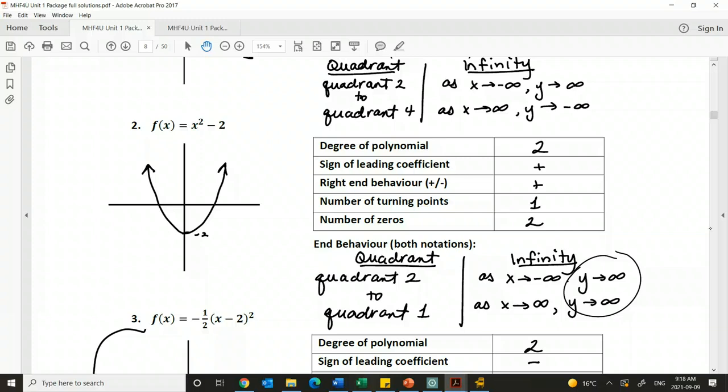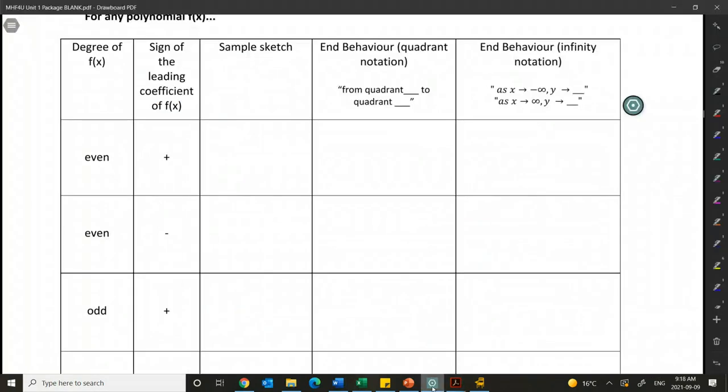So their ends are both facing up. This is going to happen for any even degree polynomial that has a positive leading coefficient. That will happen all the time. So if I just have an equation and I know that my degree is 6 and I know my leading coefficient is positive, I will know the end behavior right away because it will always follow this idea.